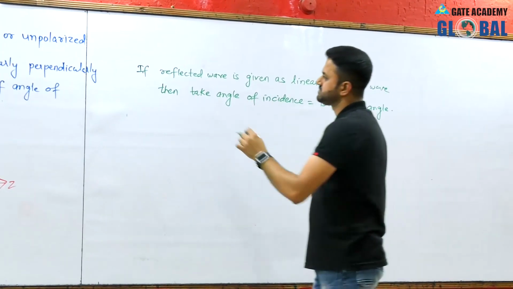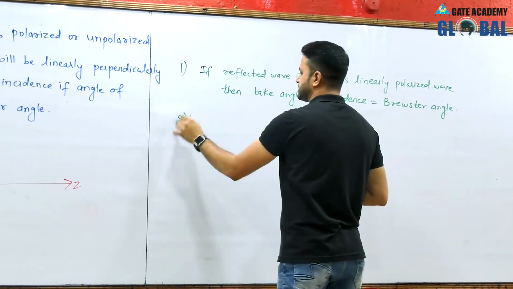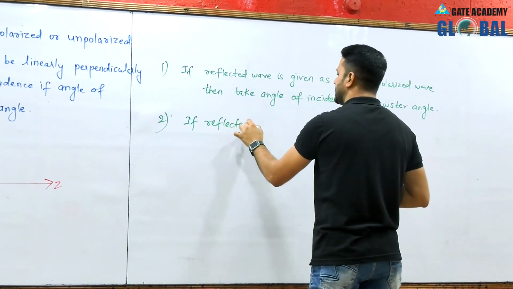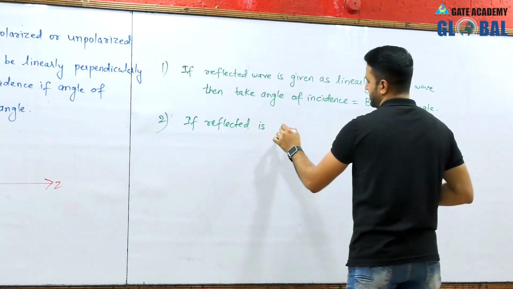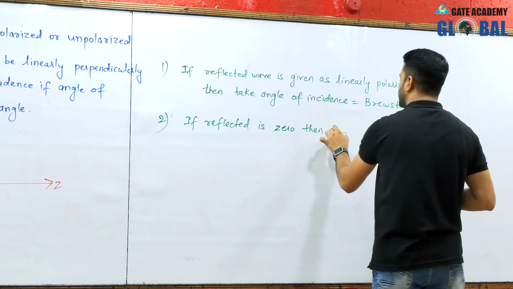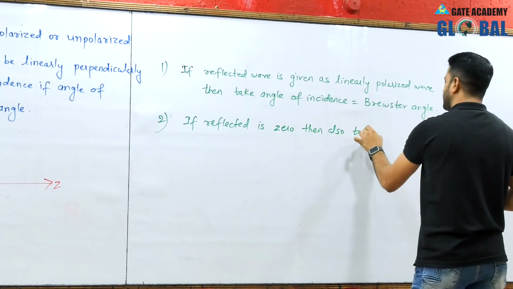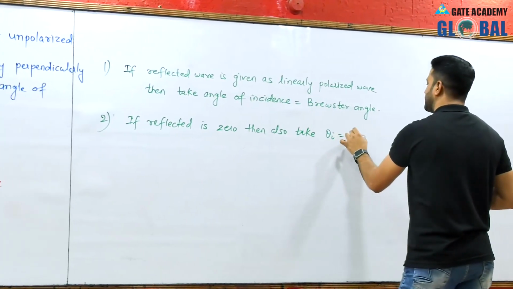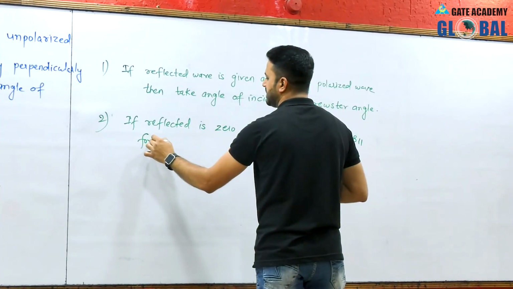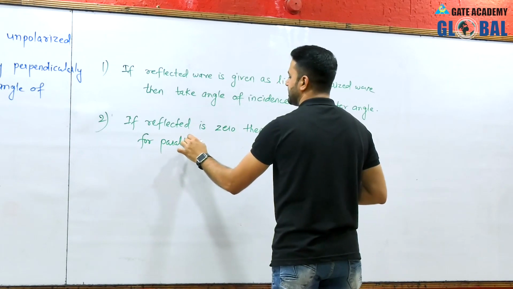And if the reflected wave is 0, then also take theta I equal to theta b parallel for parallel polarized wave.